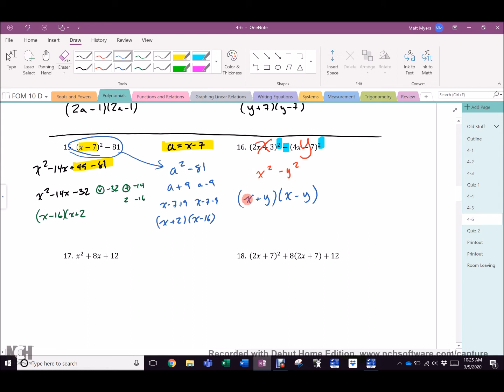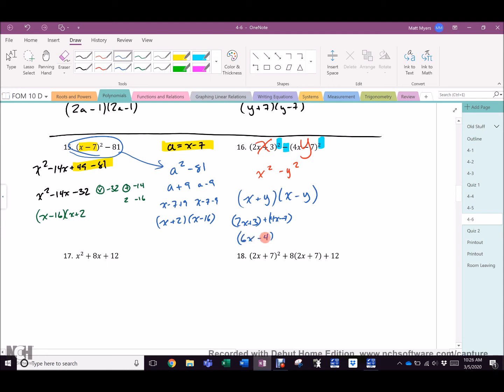What is x? 2x plus 3. What is y? 4x minus 7. What is 2x plus 4x? What is 3 plus negative 7?